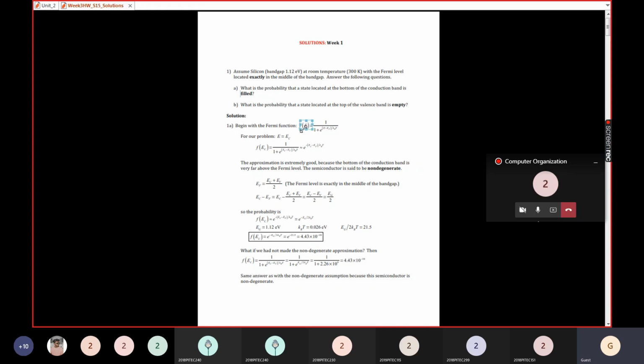That's why they have given it as F of E. It is your wish whether you use P of E or F of E. So F of E is equal to 1 divided by 1 plus e power (E minus EF) divided by KB into T. Now another hint they have given here. Identify it and tell me what hint they have given here.